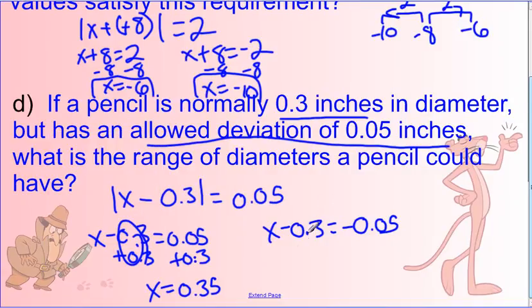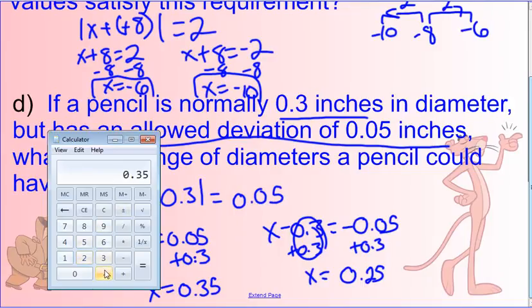On the other side, if we add 0.3, these cancel. X equals, we're going to get a 2.95. No, not 2.95. What the heck am I thinking? 0.3 minus 0.05.